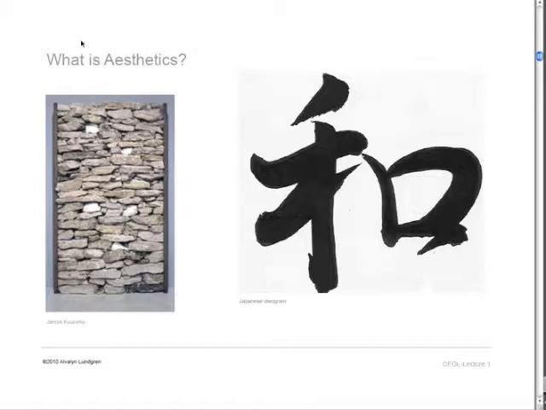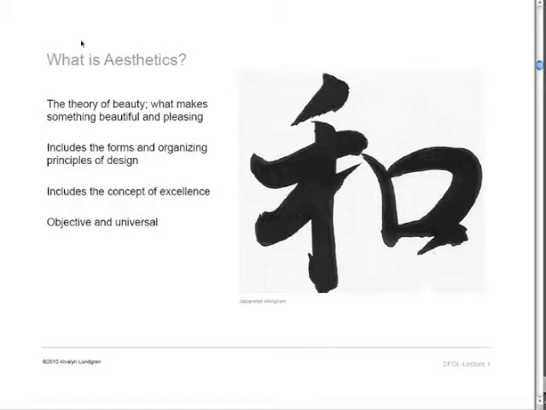I like blue, but I don't like red. I like this, this makes me uncomfortable, things like that. But in reality, aesthetics is the theory of beauty, what makes something pleasing, compelling, beautiful, interesting to look at. And aesthetics is actually something that is universal and basically exists for all people in all places in all times.